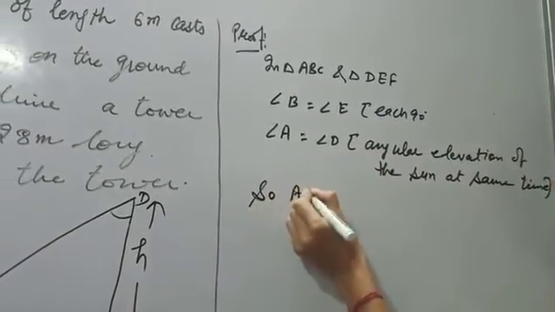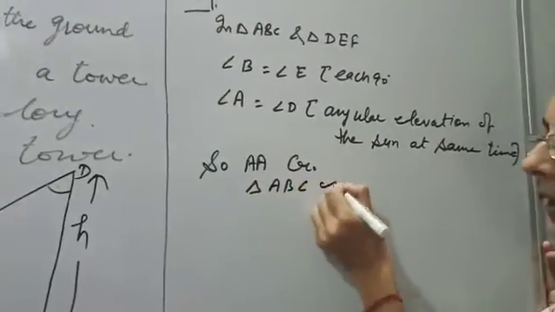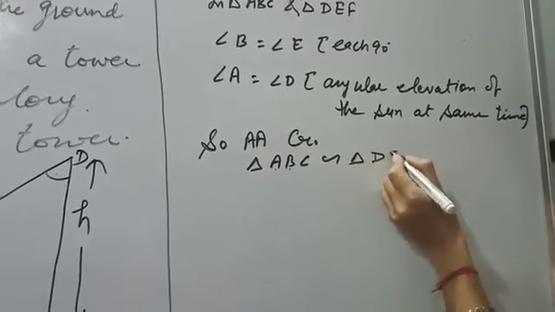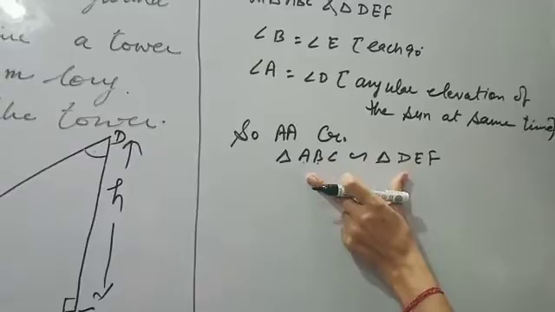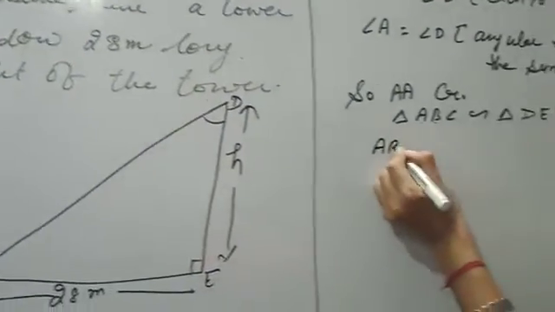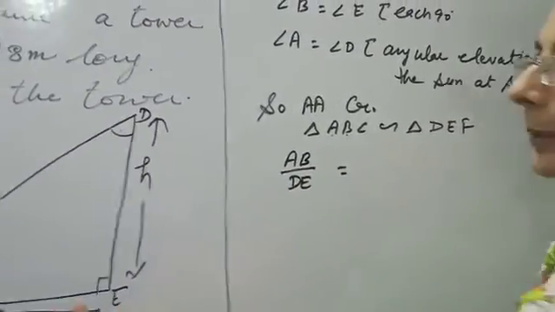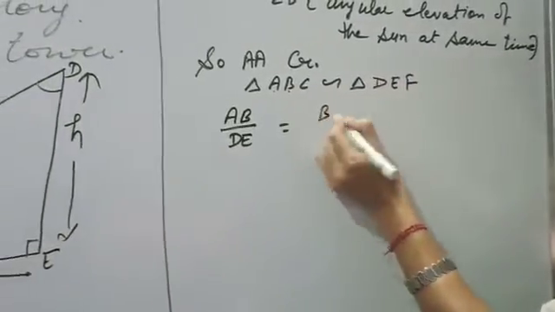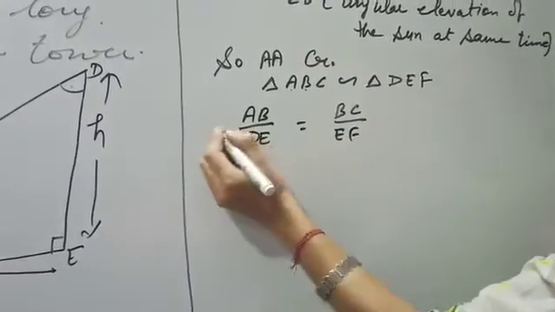So by angle criteria, triangle ABC is similar to triangle DEF, corresponding A to D, B to E, and C to F. Then we write corresponding parts: AB upon DE, and what part is given? BC, so BC upon EF. These two ratios are equal.